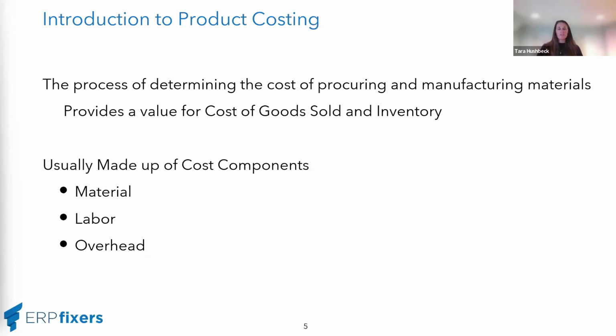Those are the level one components. Everybody has material, labor, and overhead, but cost components are a powerful thing where you can drill in and see much more detail: direct labor, direct overhead, variable labor, transportation, lots of different cost components that you can use. I've just put the three major ones there for our quick level set.